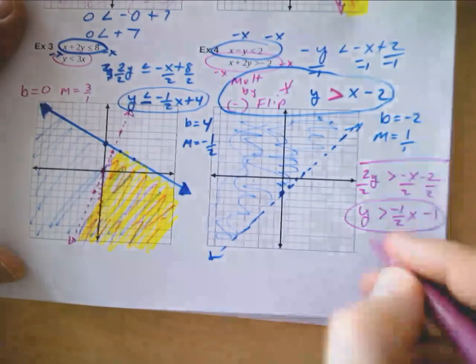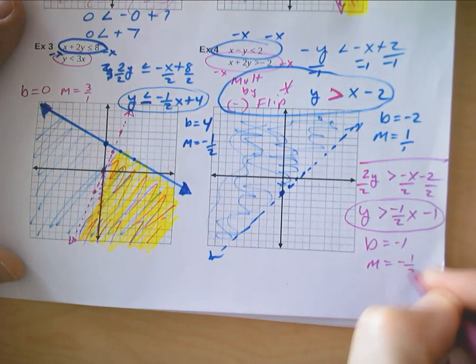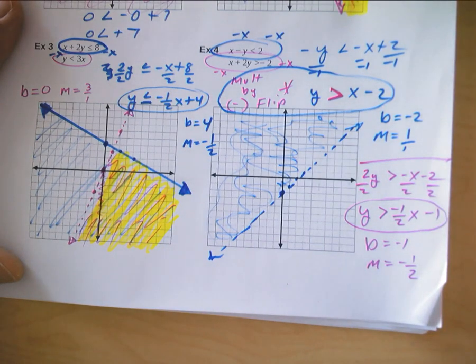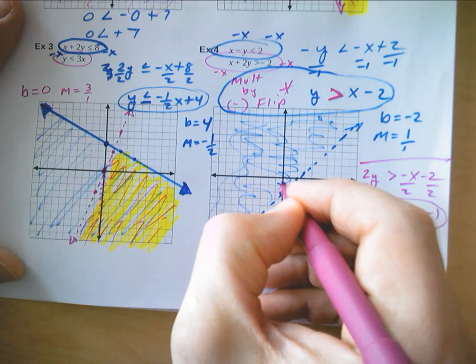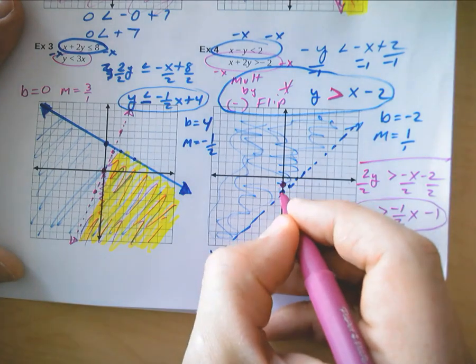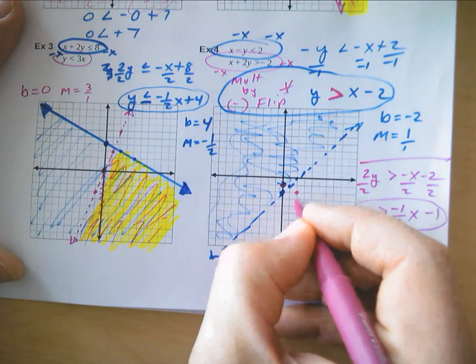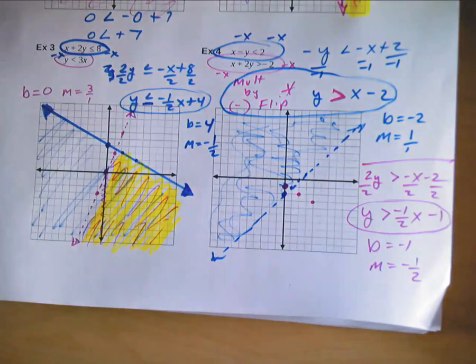Okay, so I have a b value that's negative 1, and I have a slope that's negative 1/2. So I put my pencil on the b, negative 1, and then I do my slope. I go down 1 this time, over 2. Down 1 over 2. Man, that's fun. Rise over run. And there we go.